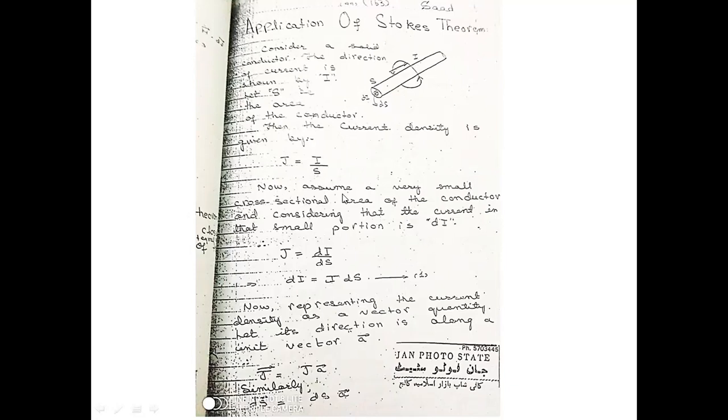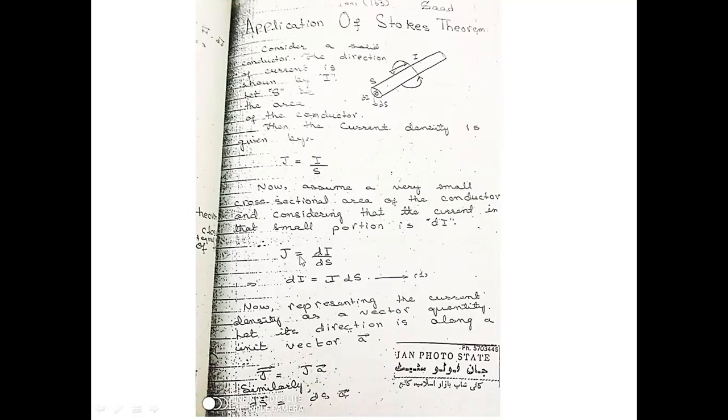Now assume a very small cross-sectional area of the conductor, and consider that the current in that small portion is di. In the full S the current is I. For the small portion of the surface ds, the current will also be small, di.